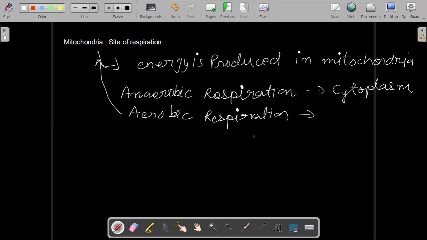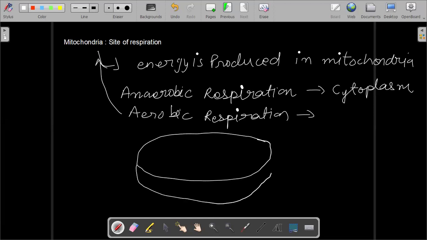Mitochondria is a double membranous structure, like this. So there is a double membrane, and inside this mitochondria you have matrix filled in it.